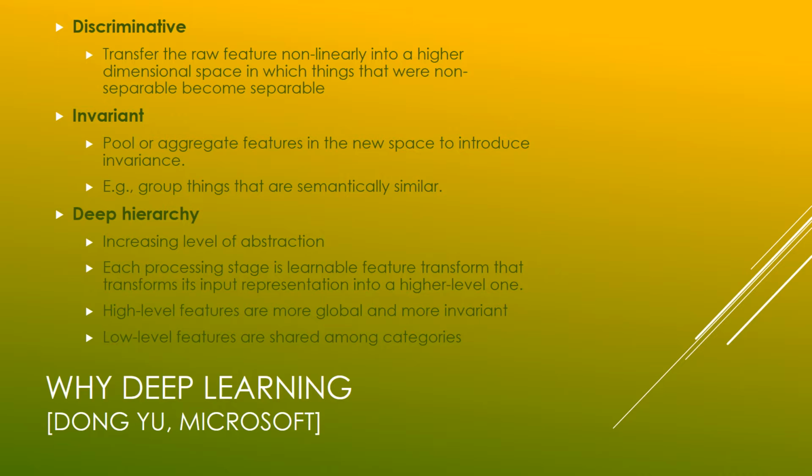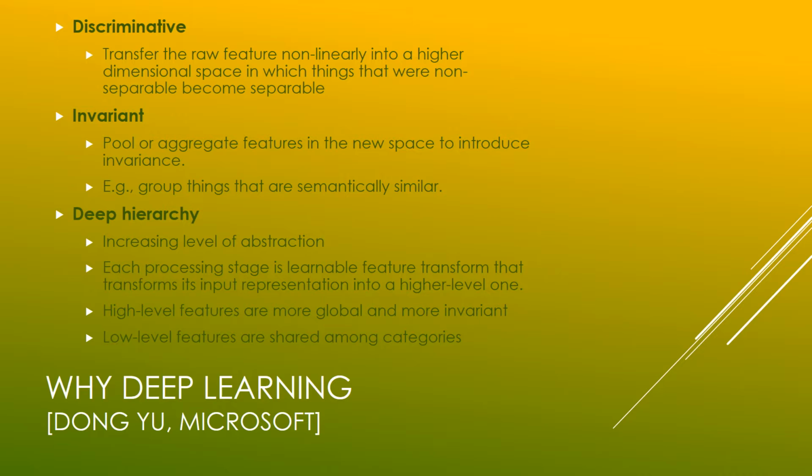And this deep hierarchy is really the key advantage of a deep neural net. First, it increases the level of abstraction, so that you can have different levels of abstraction. For example, edges and objects can be at different levels, and they have different representations and can be used for different purposes.